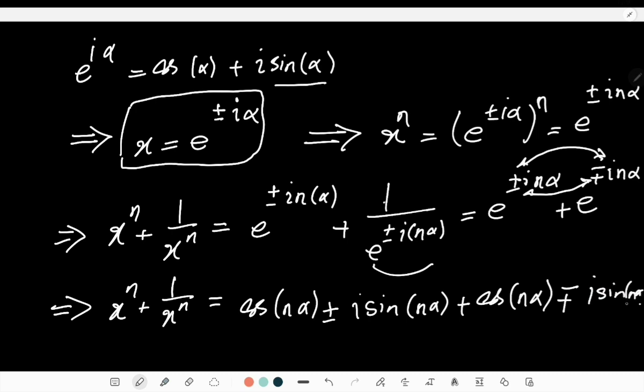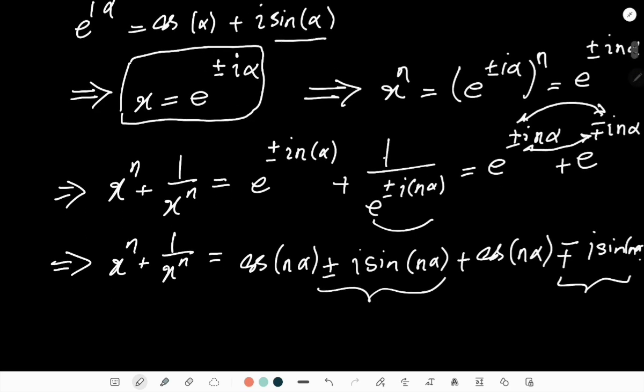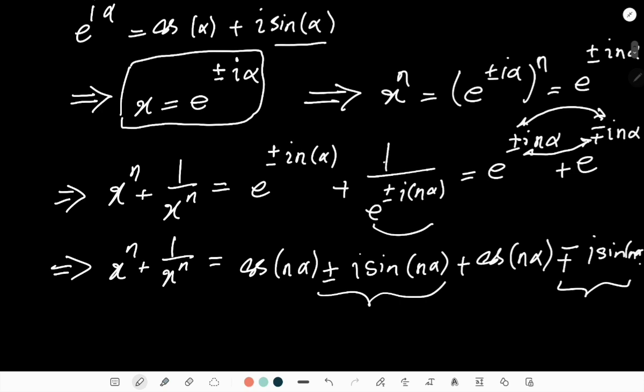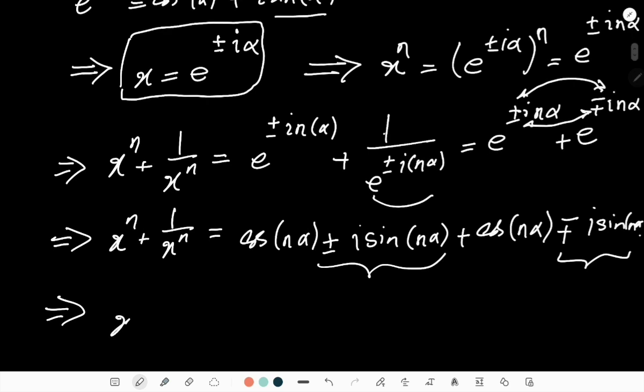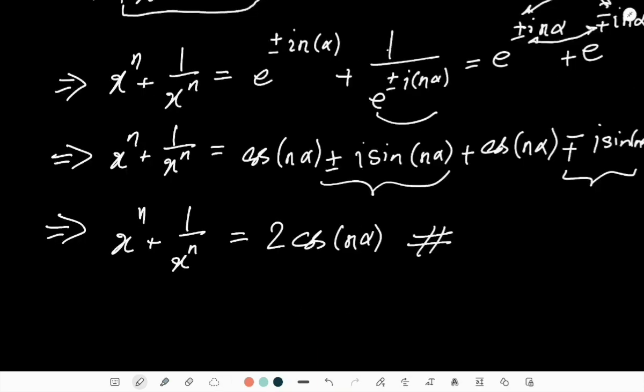So in other words, if you look at this term and this term, plus cancels out minus, and minus i sine of n alpha cancels out plus i sine of n alpha. Therefore, I get x to the power of n plus 1 over x to the power of n equals 2 cosine of n alpha. And that's how you solve this problem.